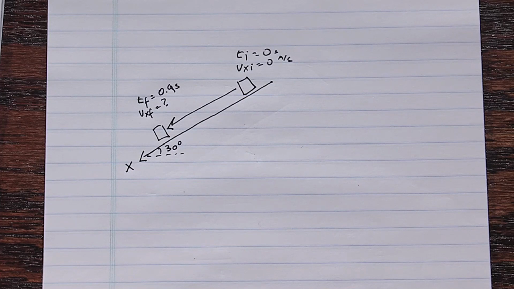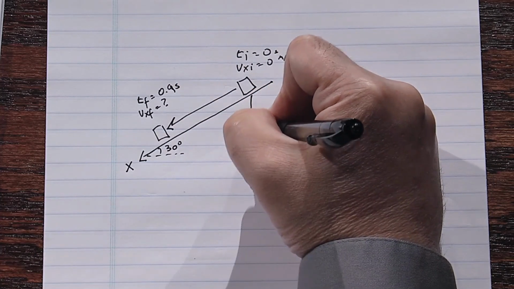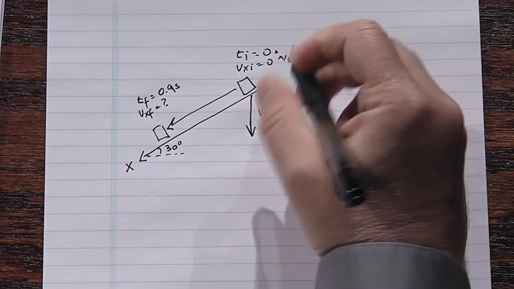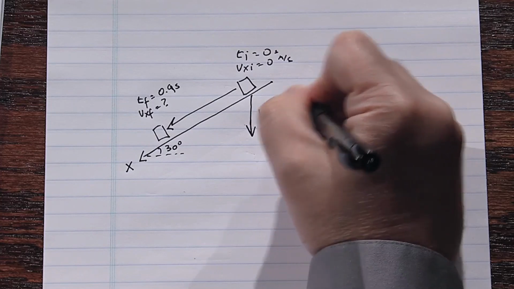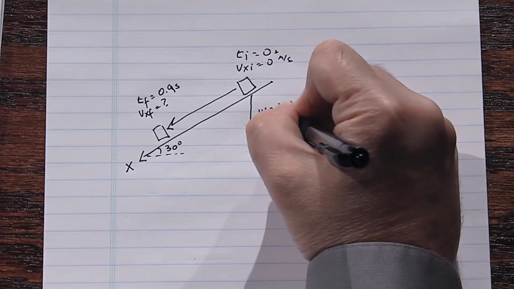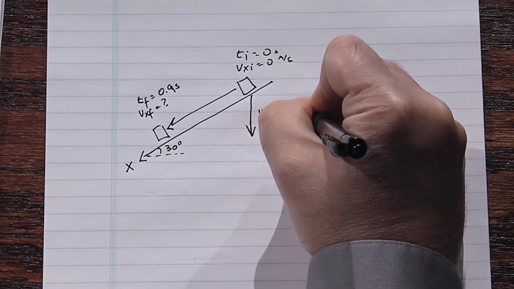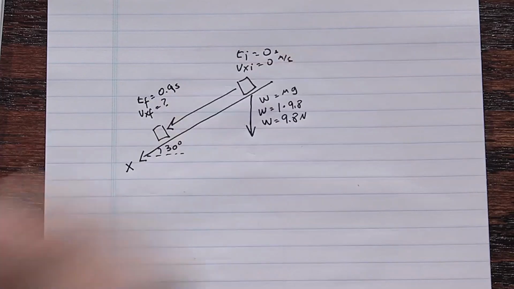We have to draw in our forces on the brick. We have weight, which was 1 times 9.8. Our weight is 9.8 newtons, and that of course is weight equals mass times g.